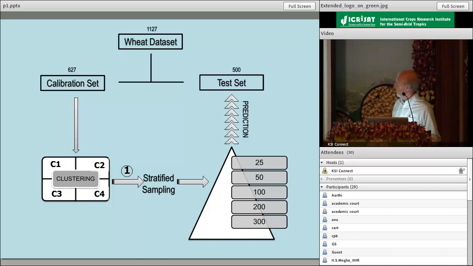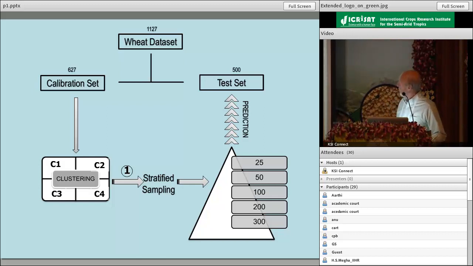We mean that we selected individuals from each of the clusters in proportion to the size of the clusters, and then we generated training population sizes of 25, 50, 100, 200, and 300. Each of those training populations was then used to predict the phenotypes and the breeding values for the test set. So that was stratified sampling.